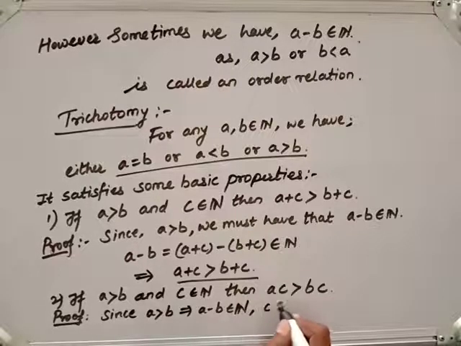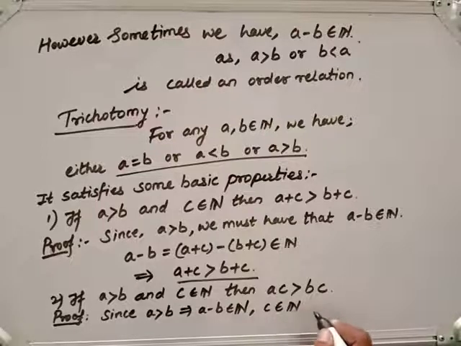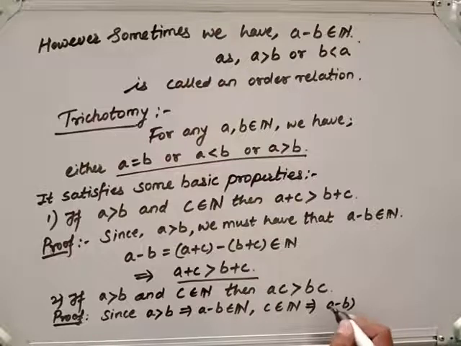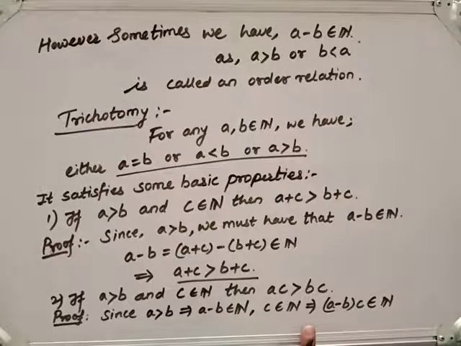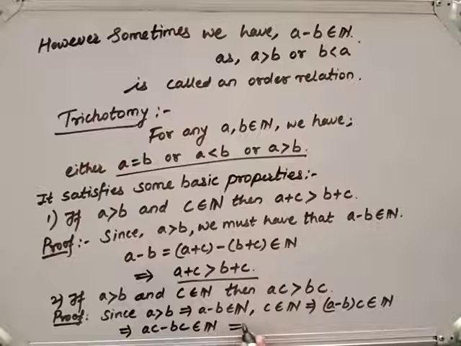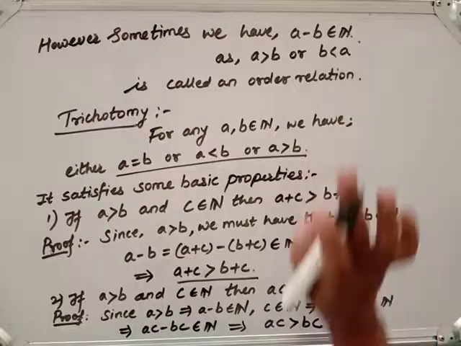It is given to us that c belongs to the set of natural numbers. So a minus b multiplied by c belongs to the set of natural numbers, since multiplication is closed: the product of two natural numbers is again a natural number. That gives ac minus bc belongs to the set of natural numbers, so ac is greater than bc using this order relation.